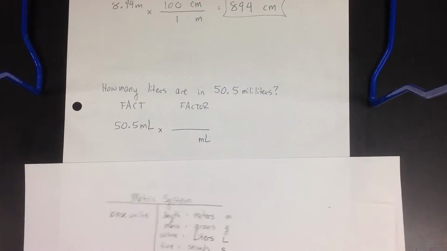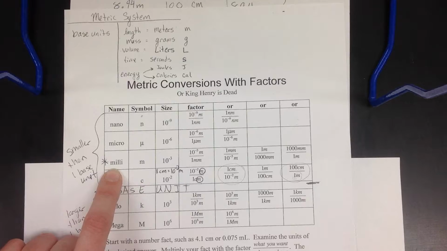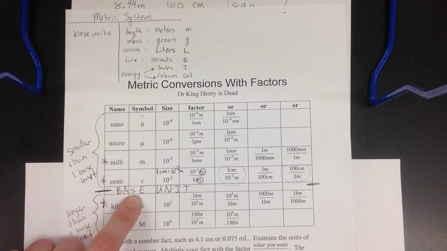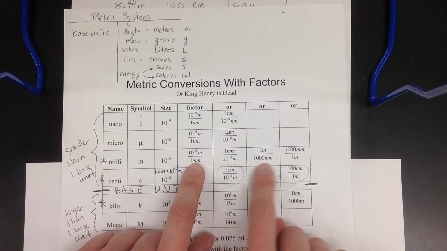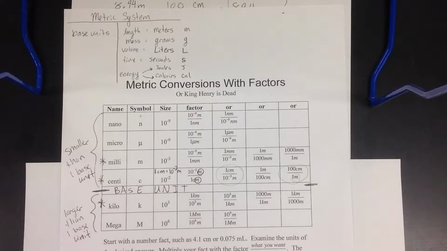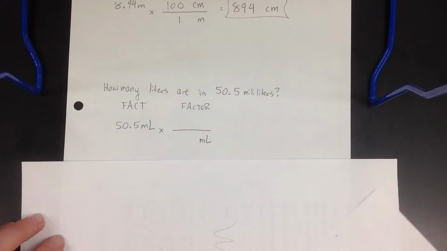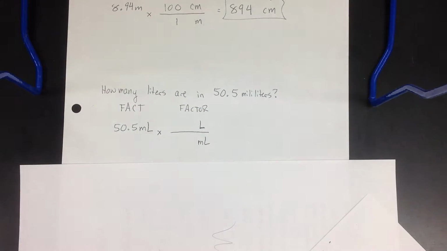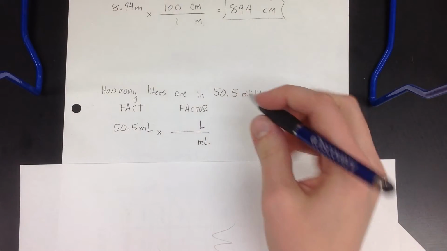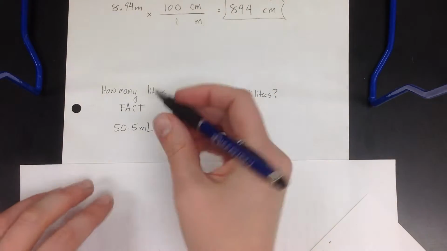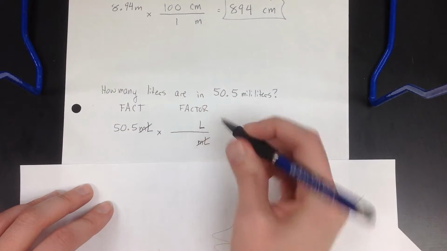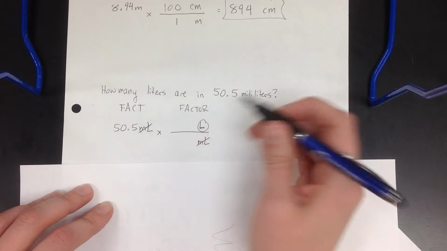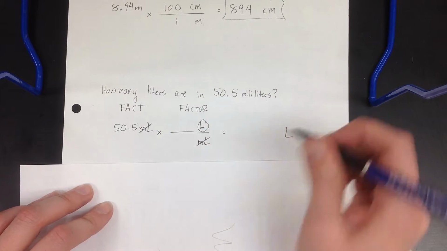Well, if I look on here, milli is a prefix, liters is my base unit. My factors can convert directly from my prefix into my base unit. Perfect. So I'm going to put my base unit on top because that is what I'm trying to find. Now that I've got my units in the right spot, those two cancel, I'm left with liters, which is what I'm trying to find.